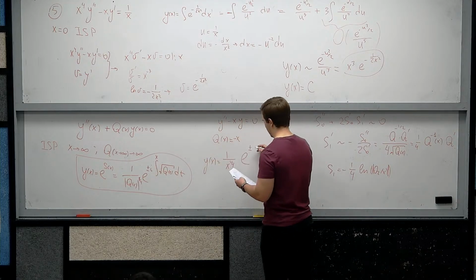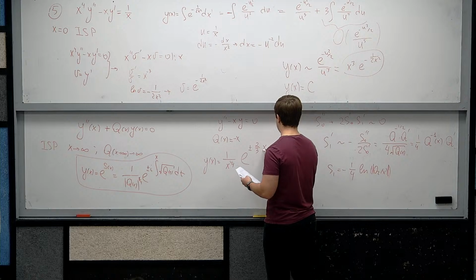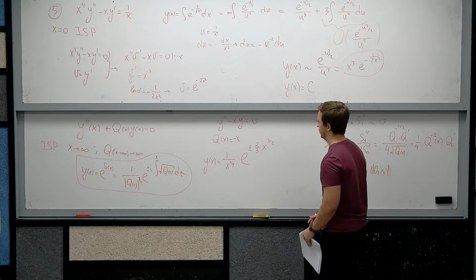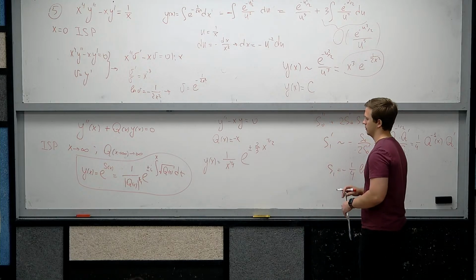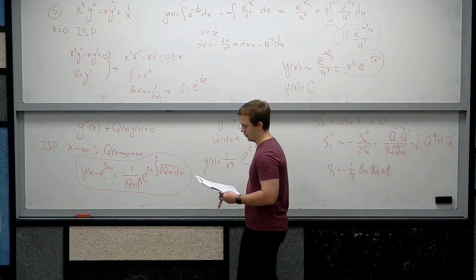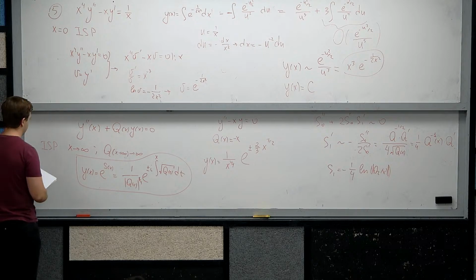So plus minus after integration of square root of x, we have 2 over 3 x to the 3/2. And these are two solutions of the equation. So we can do the same with a different kind of equation, but use the same logic.